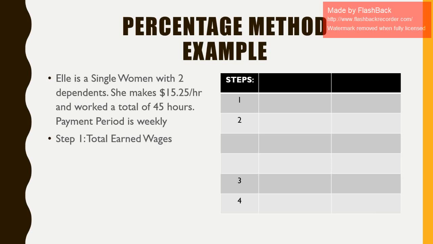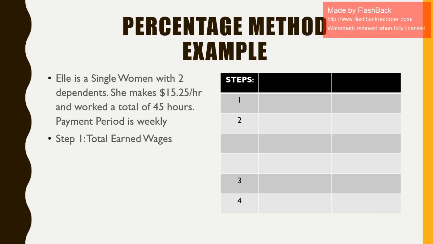Payroll period is going to be weekly and step one. So now we need to calculate the total earned wages. So let's go ahead and figure that out. So we know that she works $15.25 an hour.